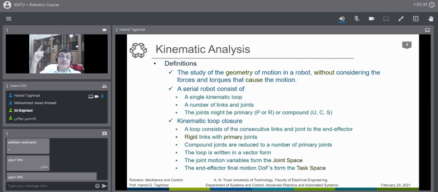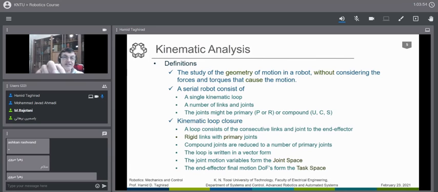So we have a number of degrees of freedom at the end effector, but this is one link of this loop. The other link of this loop is the joint space variable. If we would like to reach here, what is the angle that I should use in my joints?